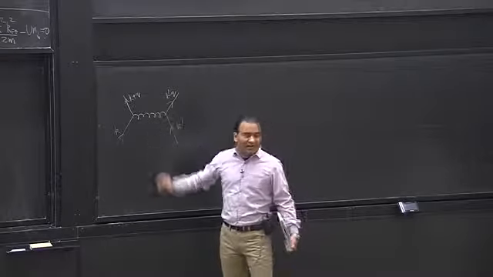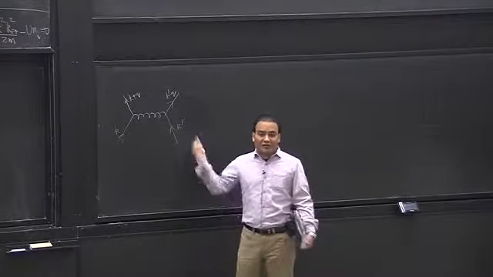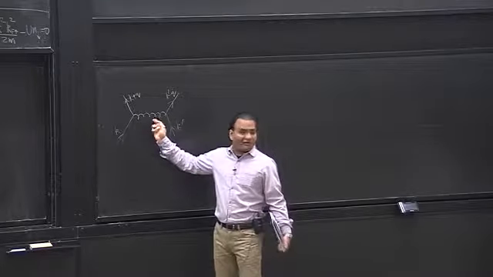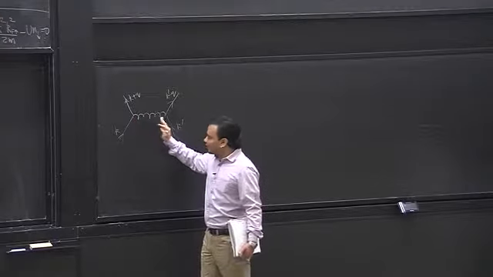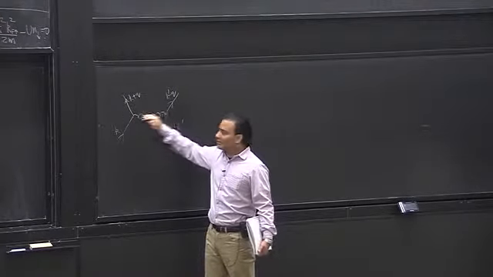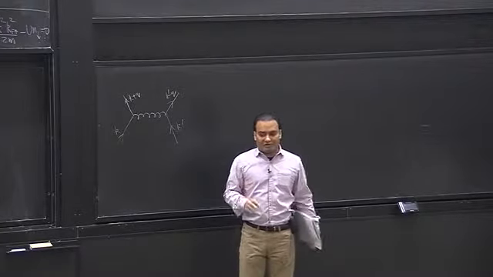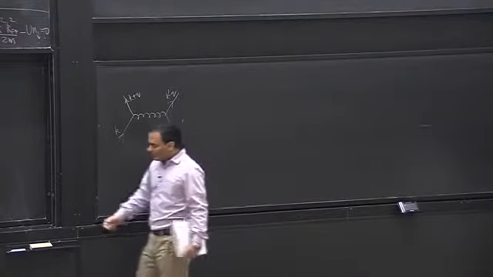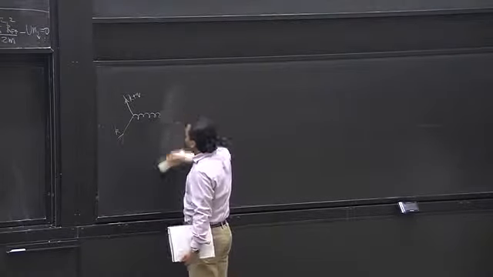This would be different from Coulomb interactions. In Coulomb interactions, the exchange is carried by photons. Here, this exchange of momentum is carried by phonons. So this is our goal, and to get there, we'll have to discuss phonons first.